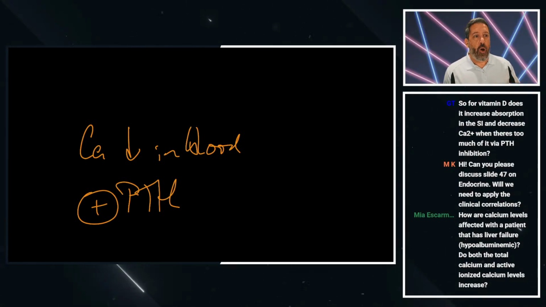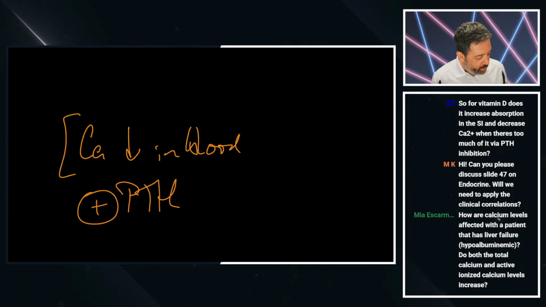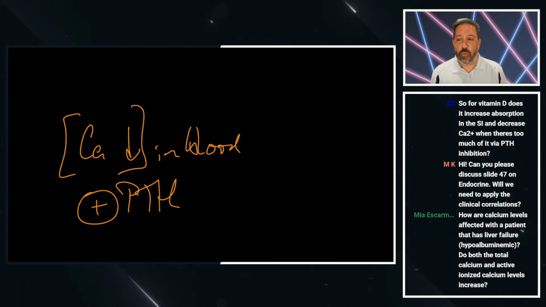Vitamin D will throw all the extra calcium right back into the bone, and then we get back to our calcium levels. Remember, the calcium levels in the blood is what matters. The bone doesn't, but we still need to protect our bone. That's where vitamin D comes in. So I hope that answers your question about that.